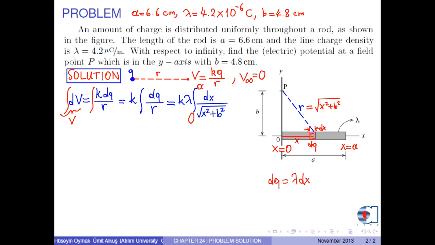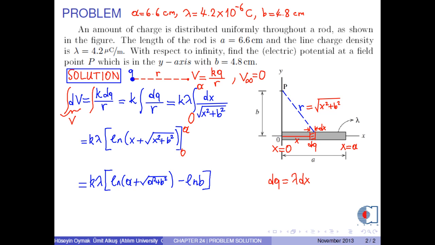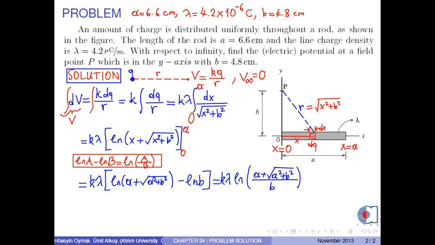From the integral table, we can write the integral of dx over square root of x squared plus b squared as ln of x plus square root of x squared plus b squared. And the calculation gives, or simply k times lambda times ln of a plus square root of a squared plus b squared over b, since ln a minus ln b is ln a over b.